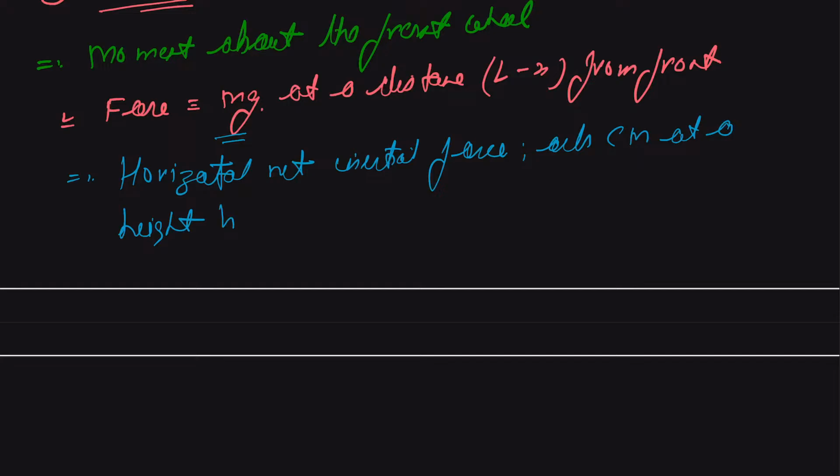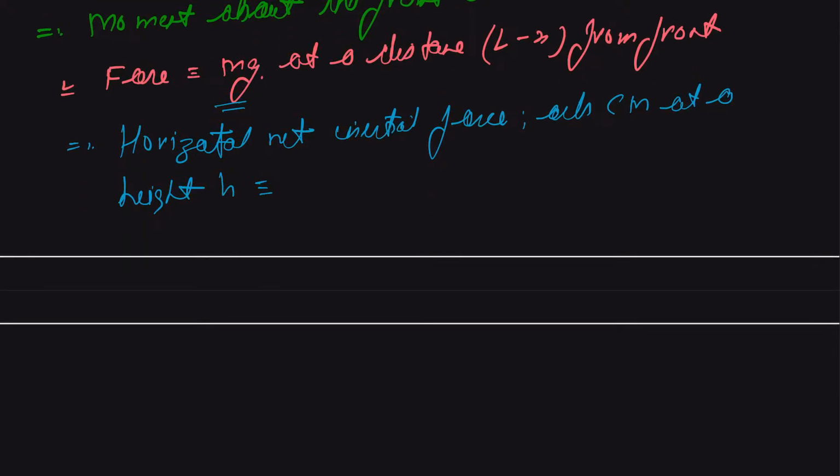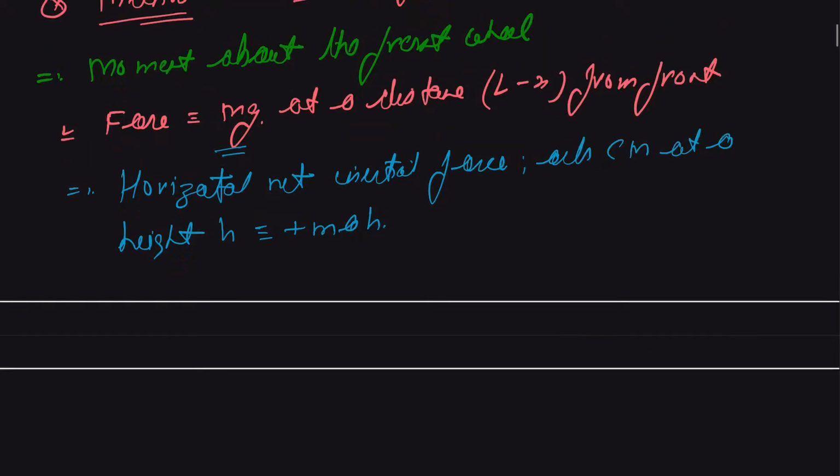Therefore, we have our mg, L minus x, and we have our mah. So this will be giving us plus mah because it will be moving the car in the downward direction, and this will be giving us minus mg L minus x.